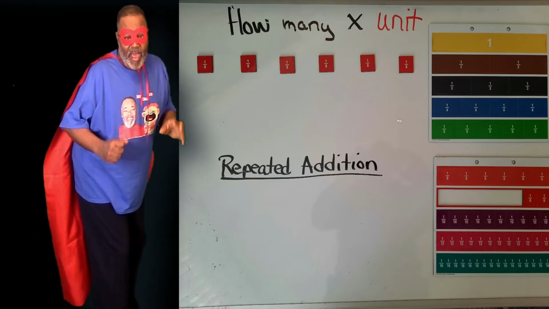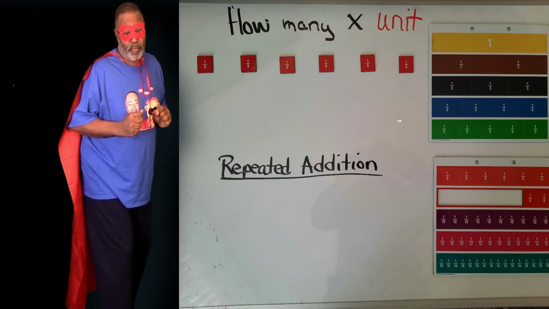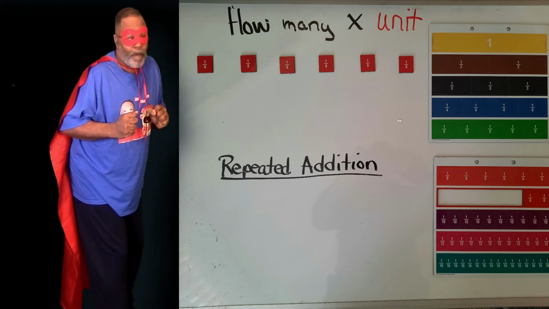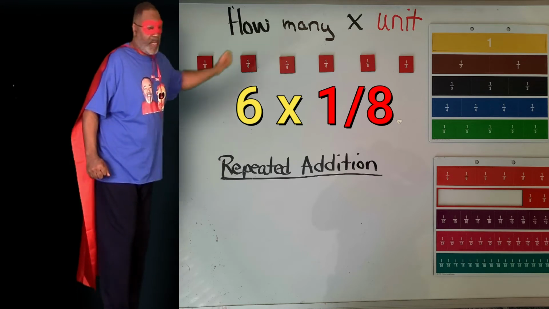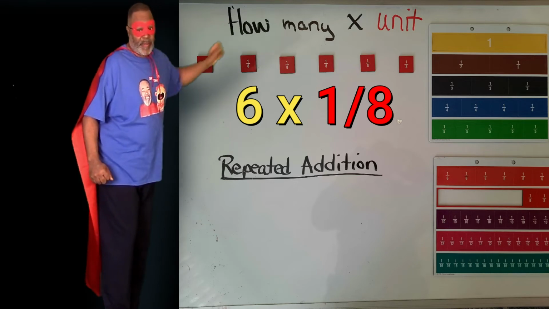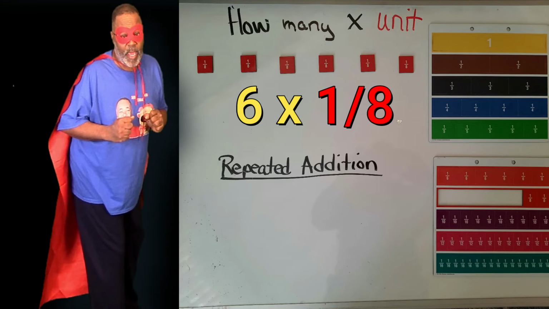So that means I have 6 1/8 units. So my multiplication would be what? 6 times 1/8, because I have 6 1/8. So now we got the multiplication.